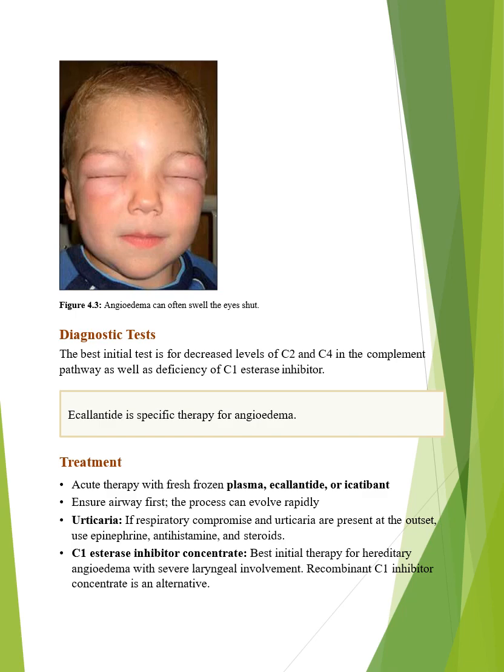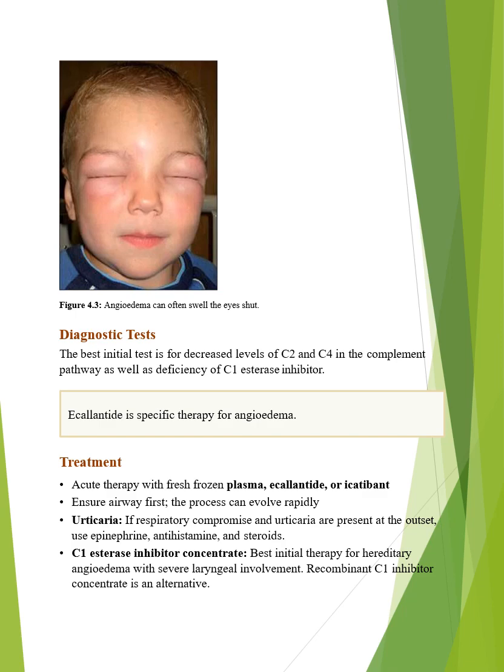There is a clinical tip here which states that a kallikrein inhibitor is a specific therapy for angioedema. It's difficult to pronounce. Ecallantide.